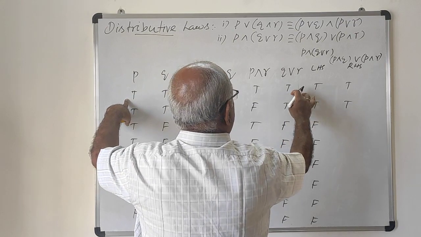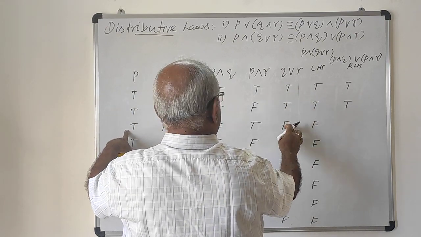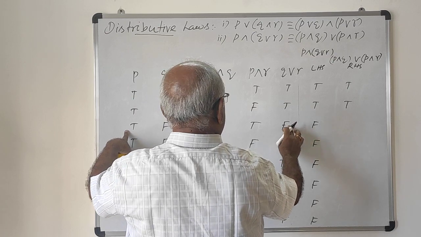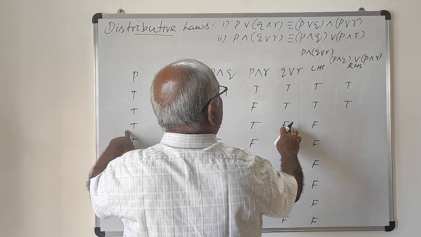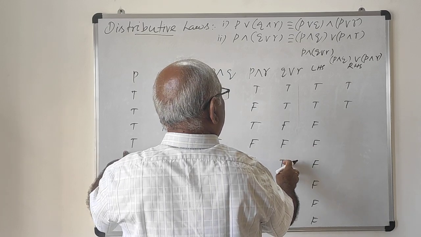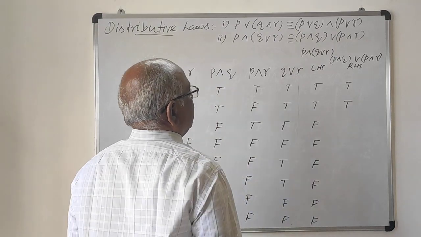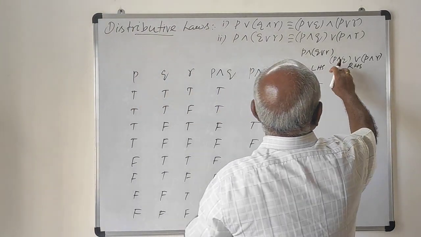Both are T, T. T and F is F. Disjunction, F.